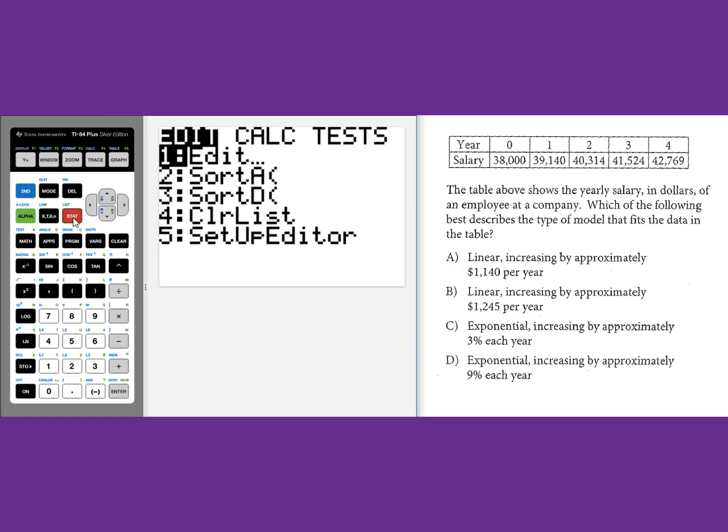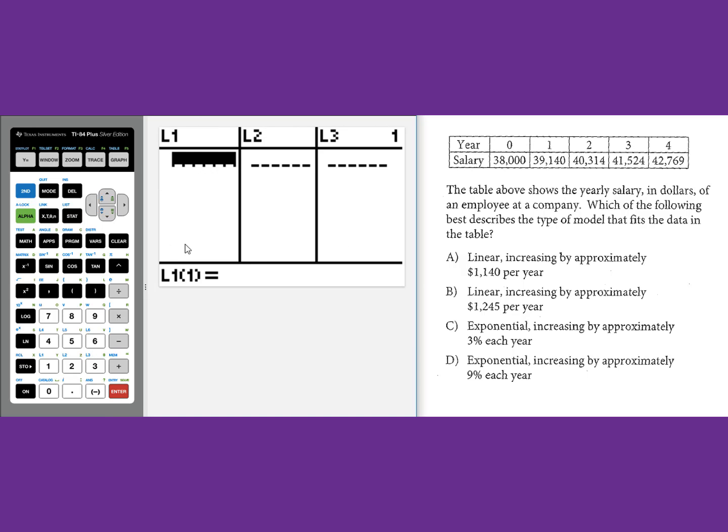Therefore, we go to Stat, Edit, and press Enter. L1 will be year, so we enter 0, 1, 2, 3, 4.